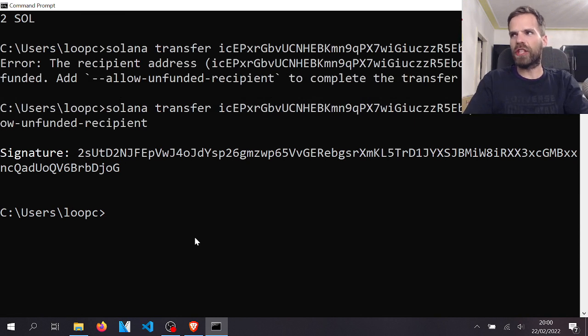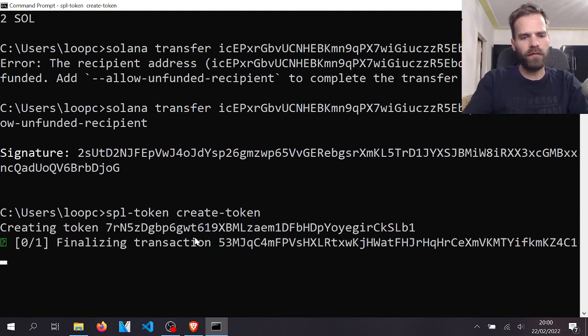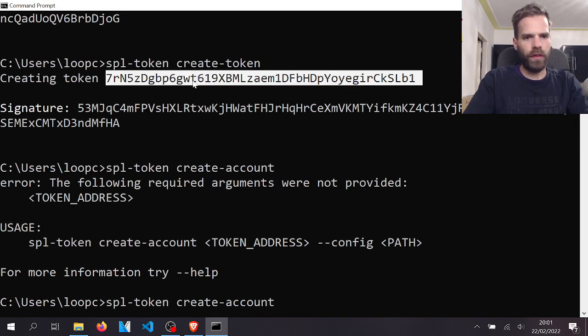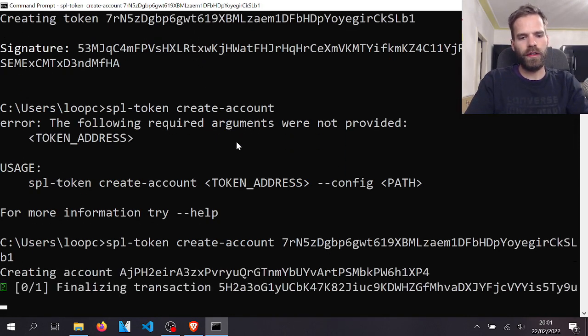Let's get to work. So when we create a new token with spl-token create-token, we can specify things like decimals and whatnot, but let's just create a new token, and then we do the classic create-account for that token, of course.